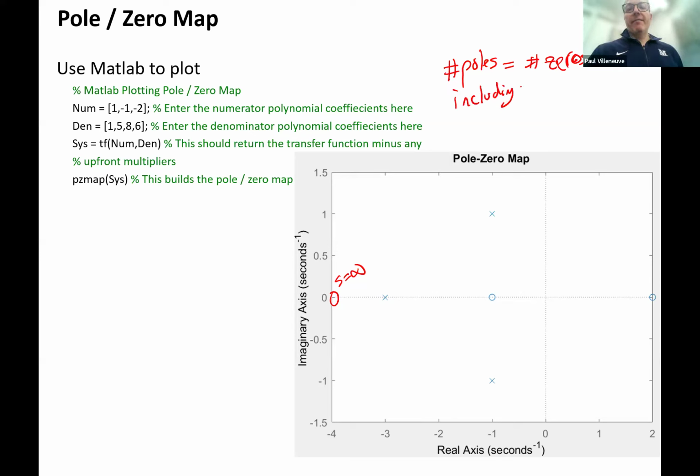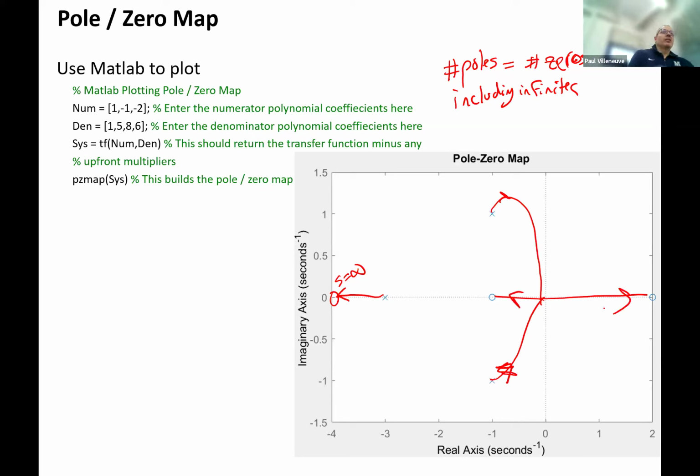And why that's important is when we start doing root locus, your root locus plots might look kind of like this. We start at these poles and we end at zeros.